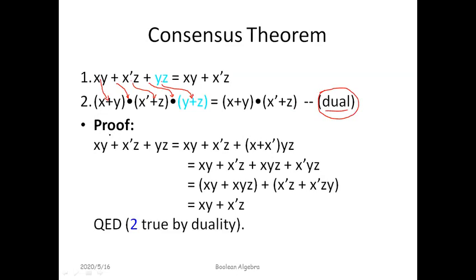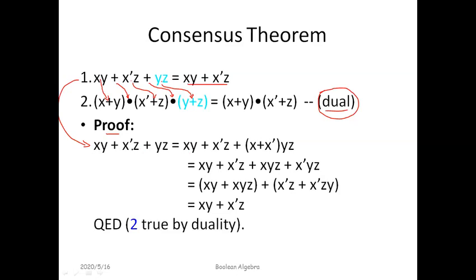Let's look at the proof. We're considering the first, so that the second you can easily follow through. xy plus x prime z plus yz is equal to xy plus x prime z. We want to show that what is on the left-hand side is equal to what is on the right-hand side.